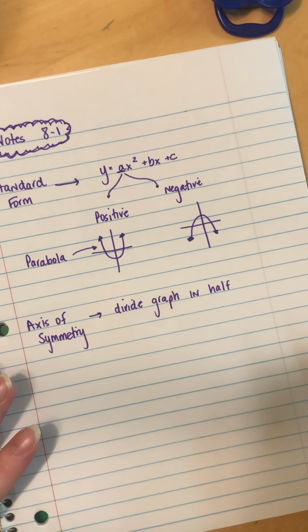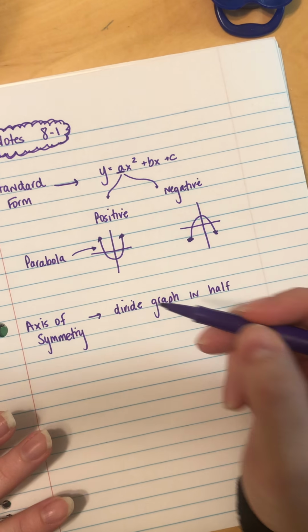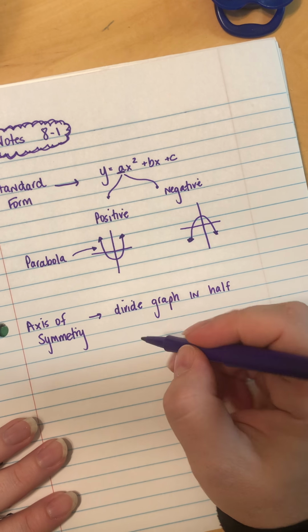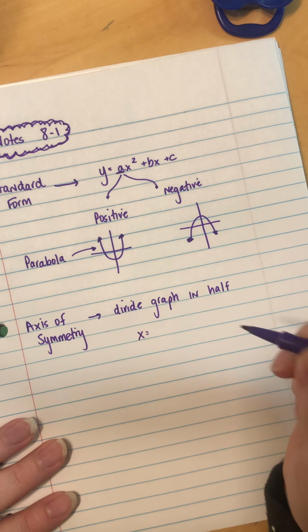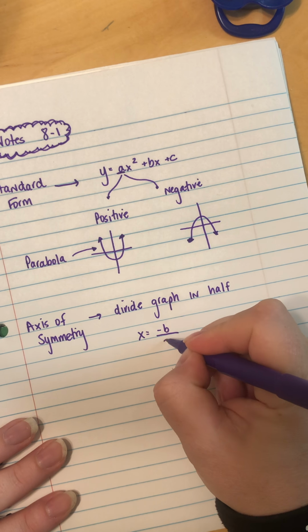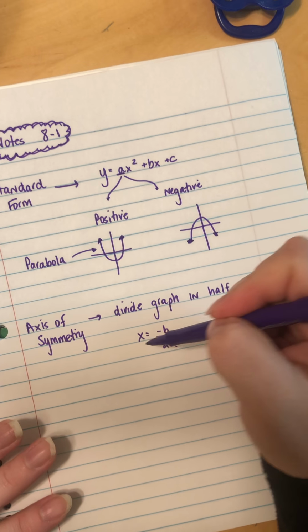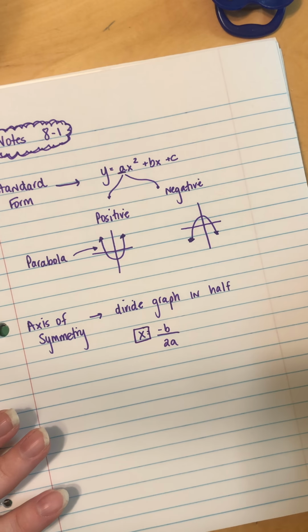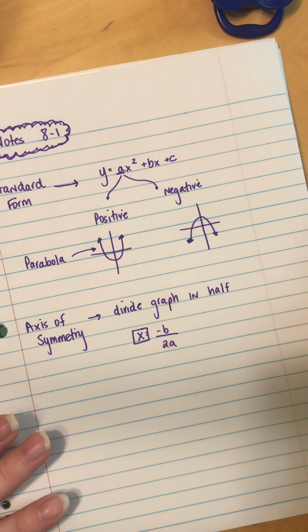So your formula for this one, this was going to be important too, that you're going to have to know. Your formula is going to be x equals negative b over 2a. So obviously this is going to give you just the x portion of it, and then you're going to have to find the y, and we're going to talk about that in a second.